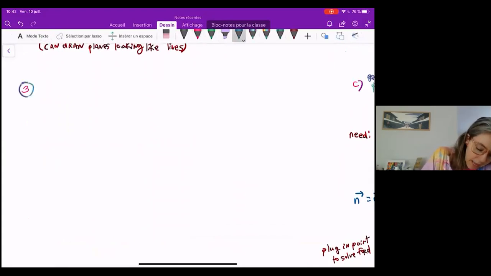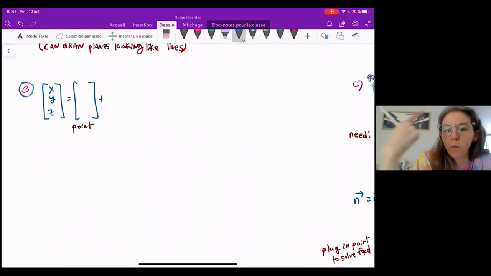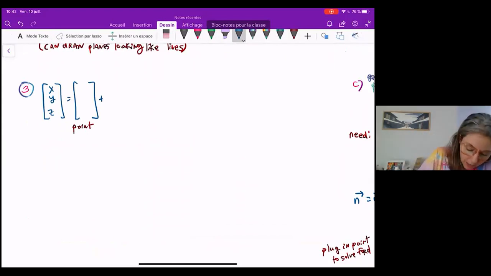So this time it's a plane. How many direction vectors do I need for a plane? I need 1 for a line. How many do I need for a plane? 2, you got it. Plus t times my first direction vector plus r times my second direction vector.